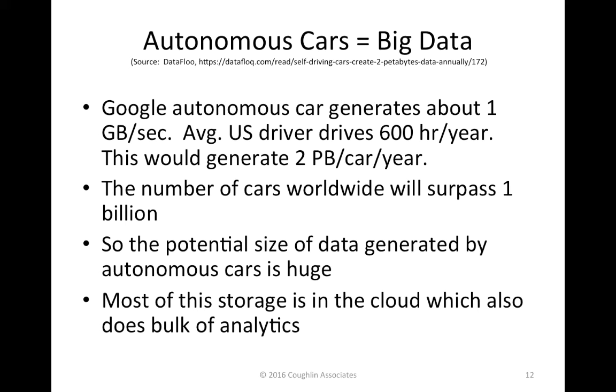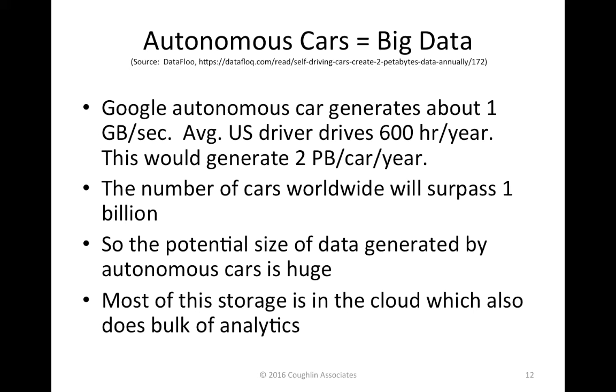Now we mentioned before, talking about how much data can be generated. Truly autonomous cars would definitely involve big data and the analysis of that big data. A Google autonomous car generates about 1 gigabyte per second. The average US driver drives perhaps 600 hours per year, so that would generate about 2 petabytes per car per year.